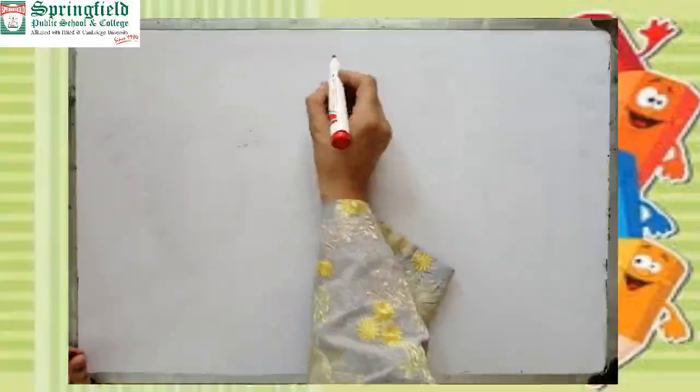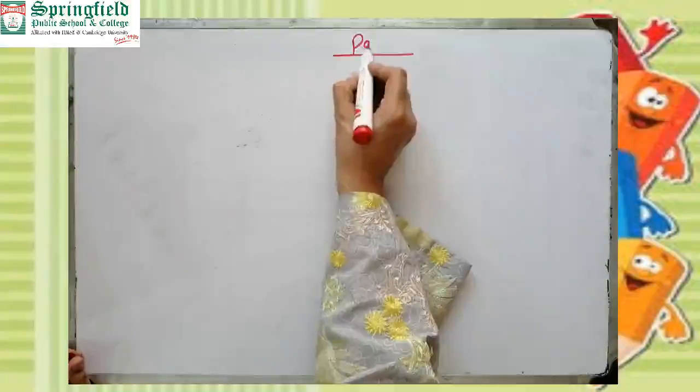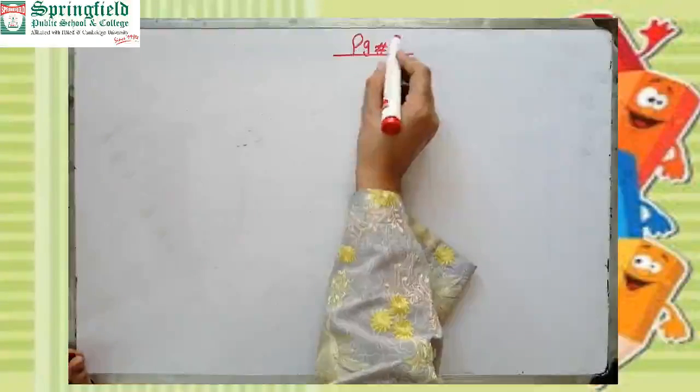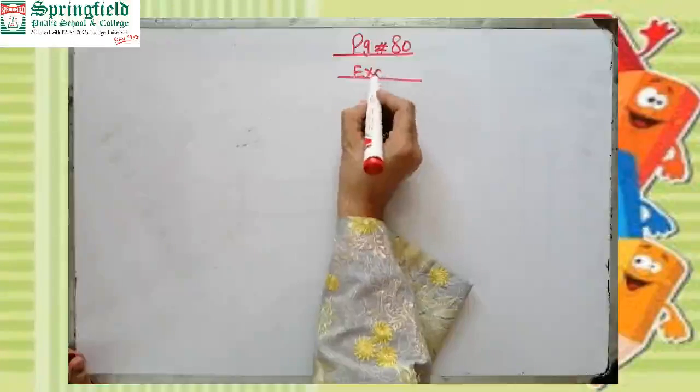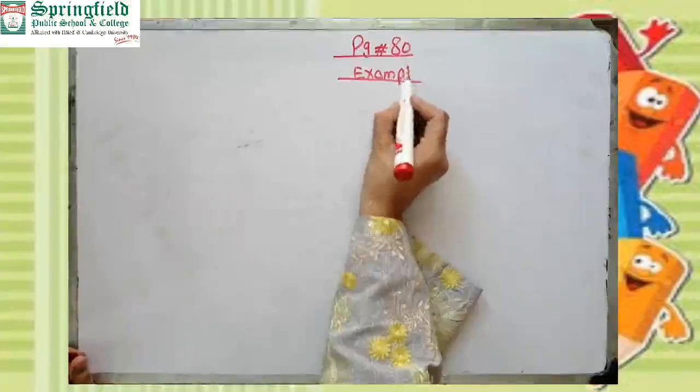Then they are saying simplify, means how we can solve this question. There are 3 rational expressions and they are added and subtracted. So page 80, example 1.